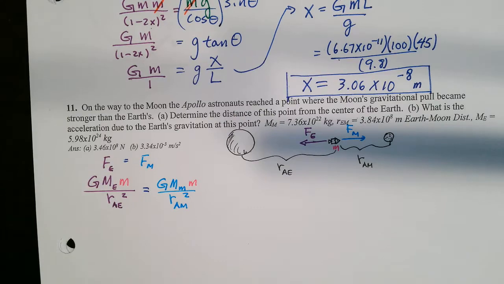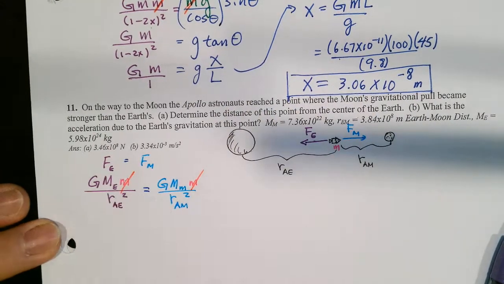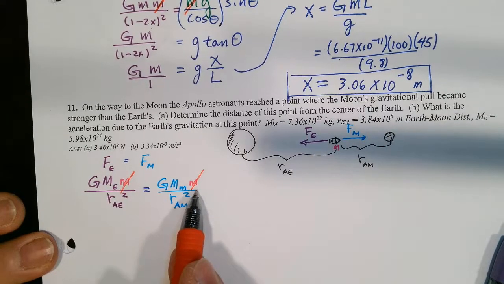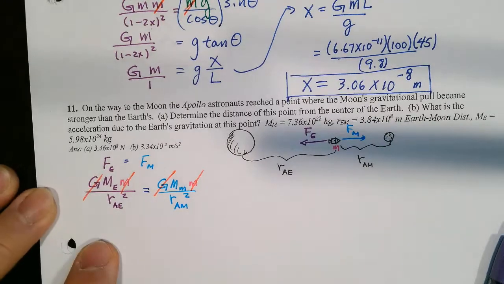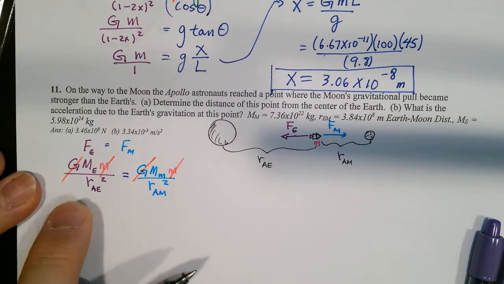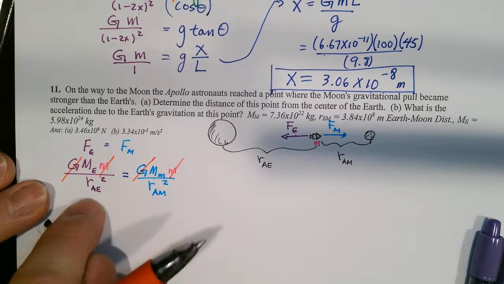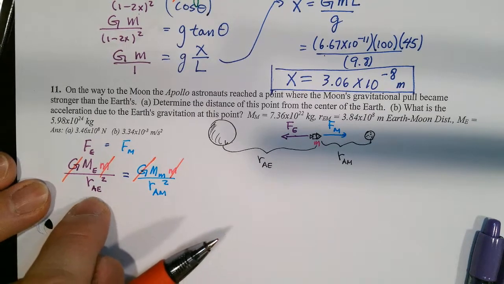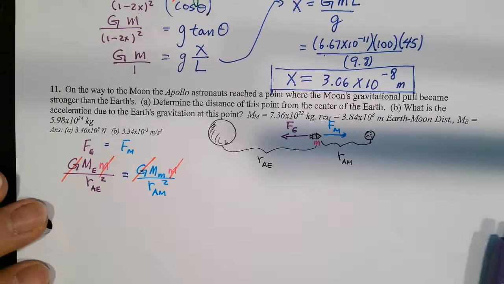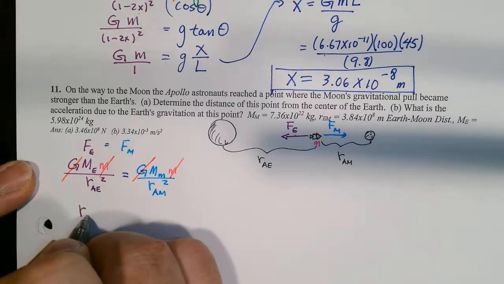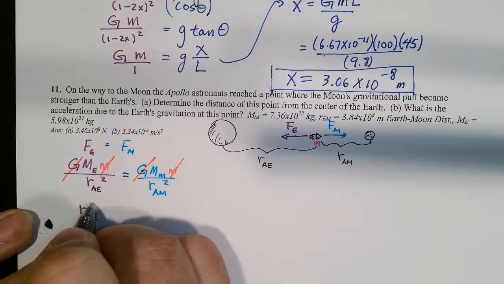So we can cancel out the mass of the Apollo, and then we can cancel out G. So let's solve for the radius of the Apollo to Earth squared.